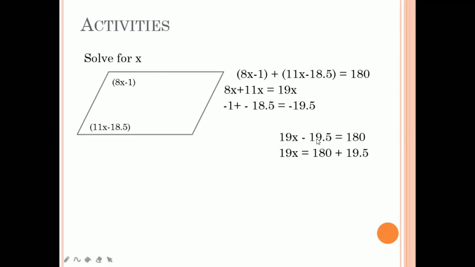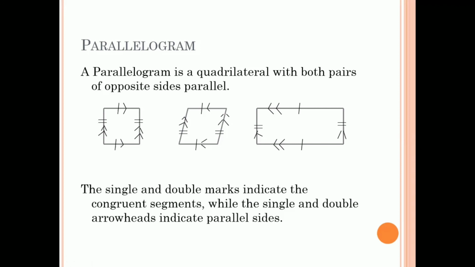We transpose negative 19.5 to the right side and it becomes positive. So 19x equals 180 plus 19.5, which is 199.5. Divide both sides by 19. So x equals 10.5. That is now the value of x.